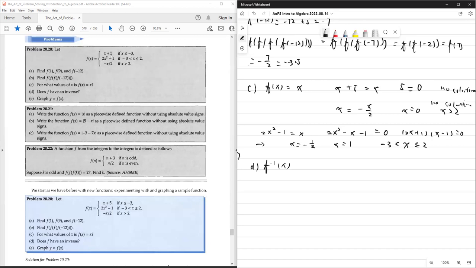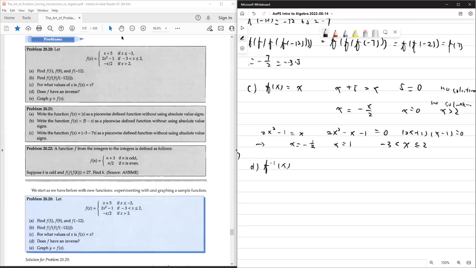So this portion will give you an inverse, this portion will give you an inverse because these two are monotonic functions, but this is not. It happens to pass through the part where you put 2 x's in, you get the same y out, so it does not have an inverse.